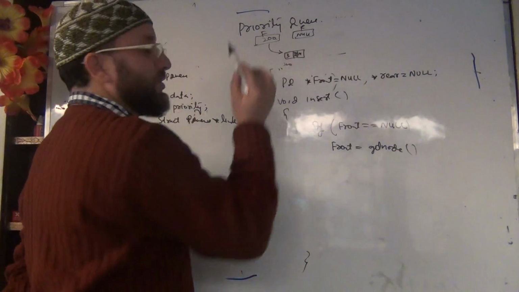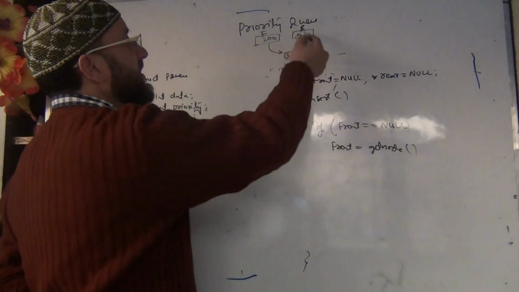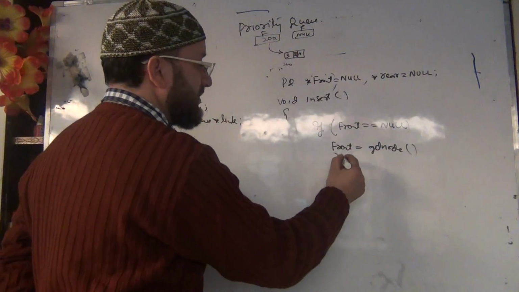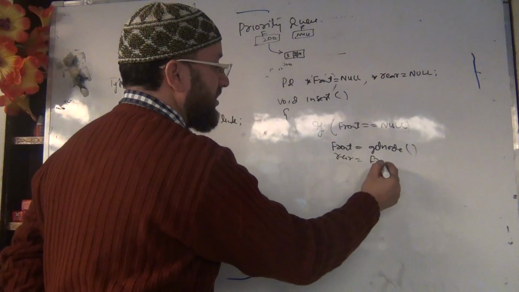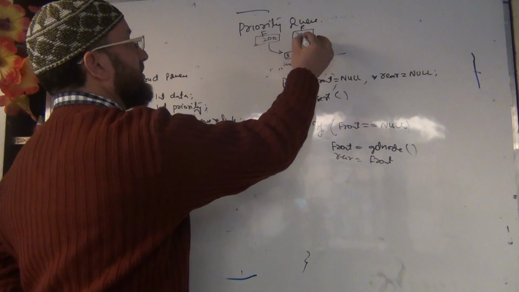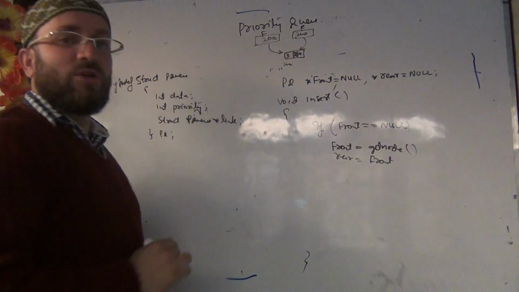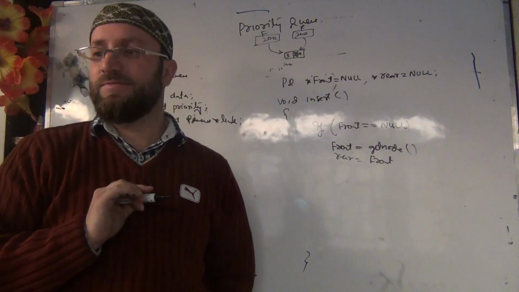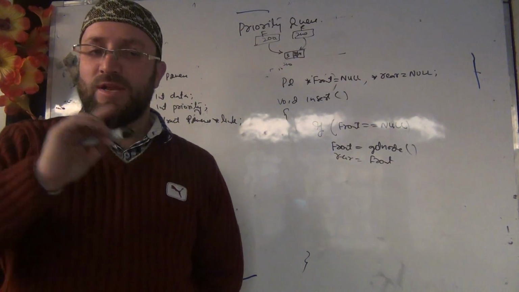Now rear should also point to this. You can say rear is equal to front, because front already has the address of the new node. The rear will also have that address, 200. Because this is your first node, front should point to this and rear should also point to this. Are you getting me? Now the story starts.